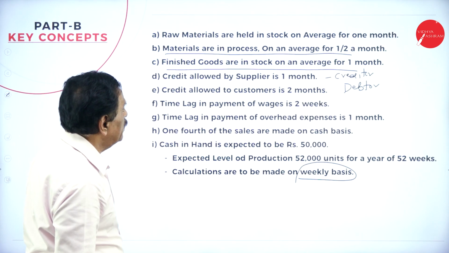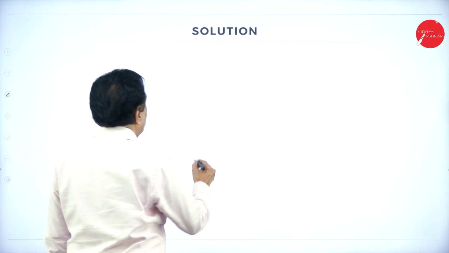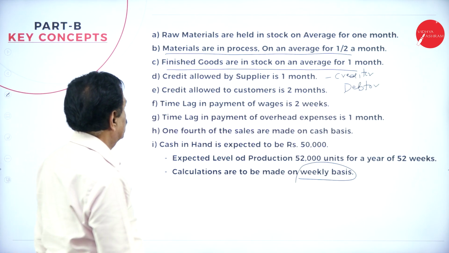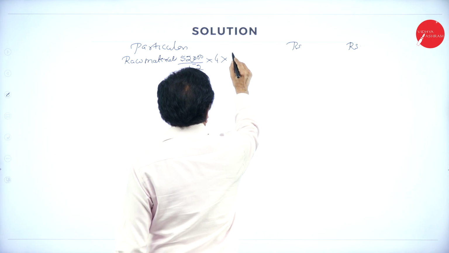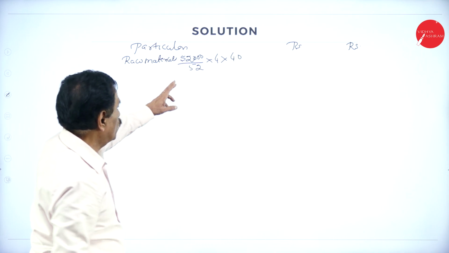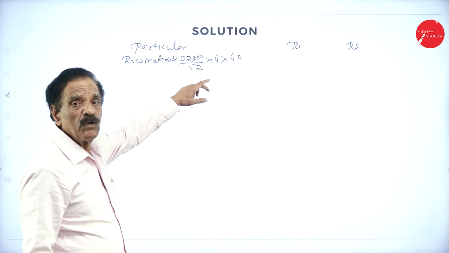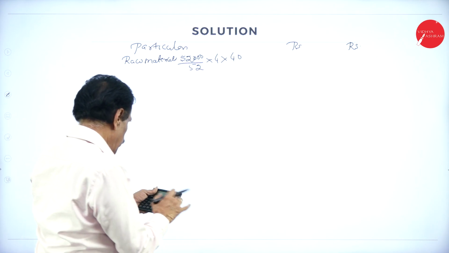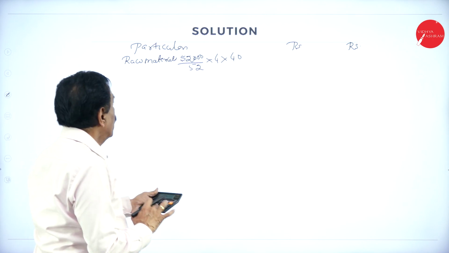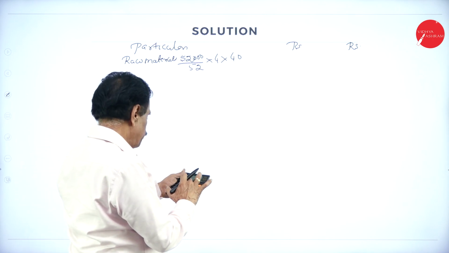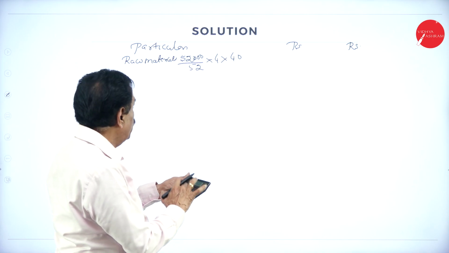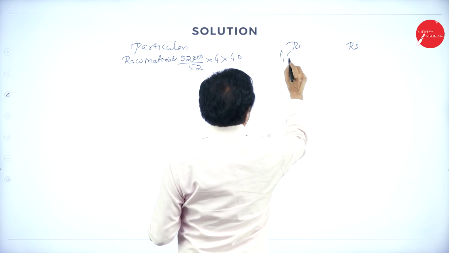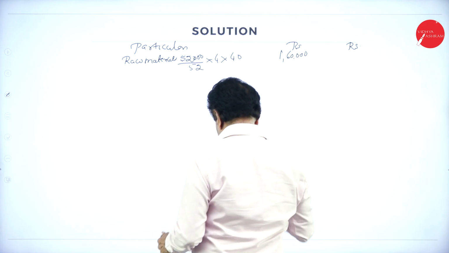It will be held for how many months? 1 month means 4 weeks, into cost of 40 rupees. So 52,000 divided by 52 into 4 into 40 is 1,60,000. This is the raw material.